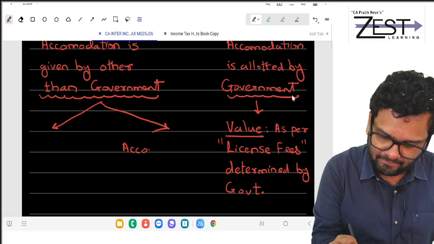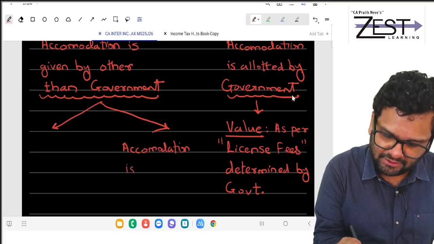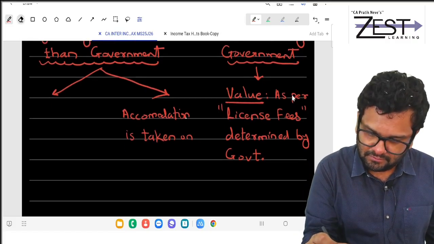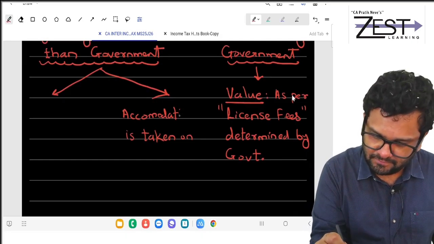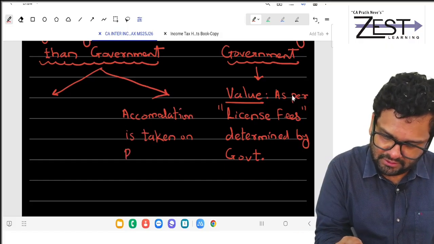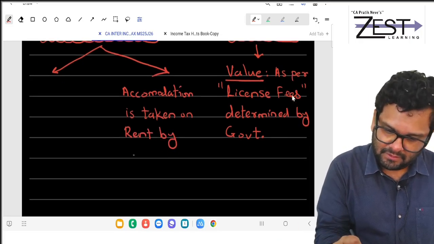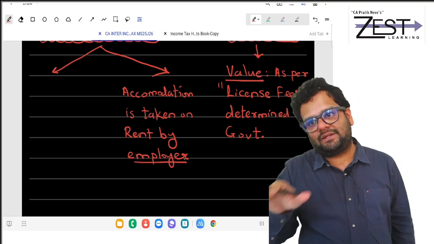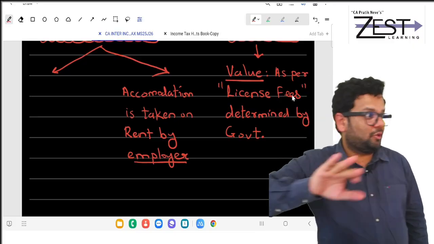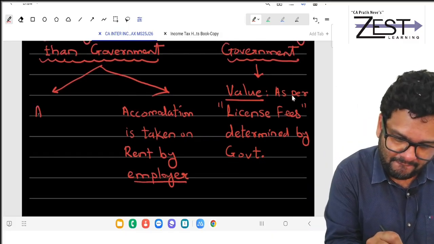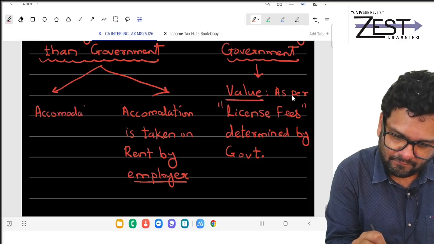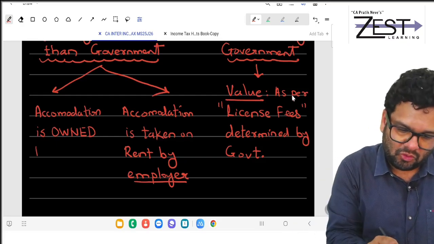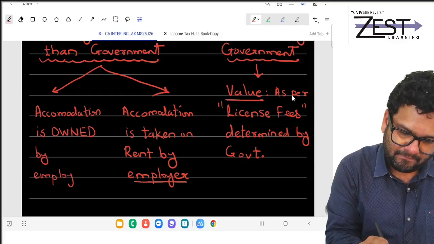Accommodation is taken on rent by the employer, or accommodation is owned by the employer.